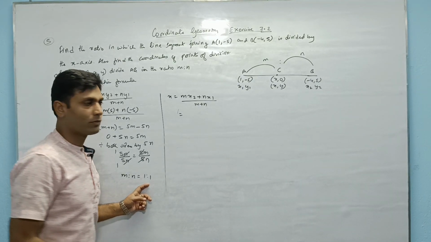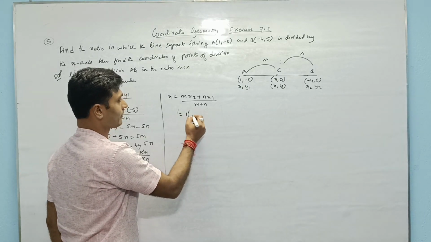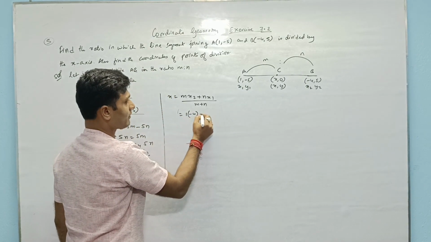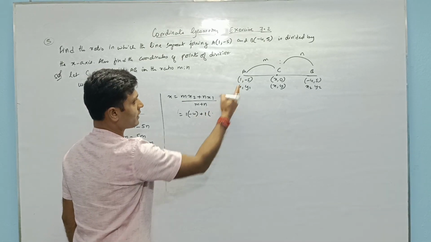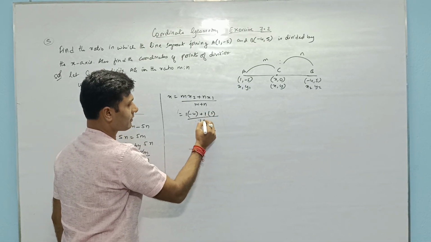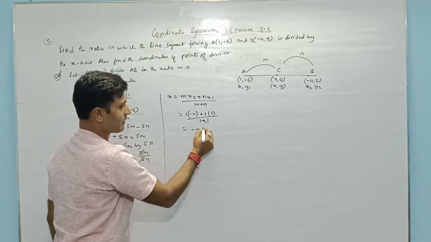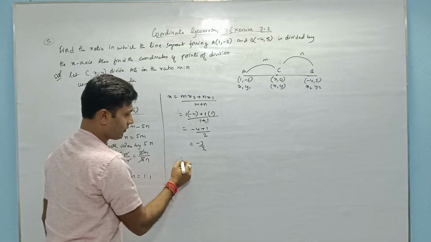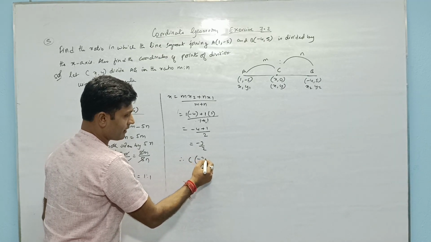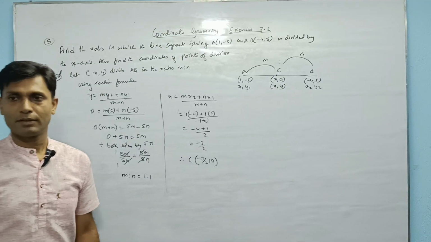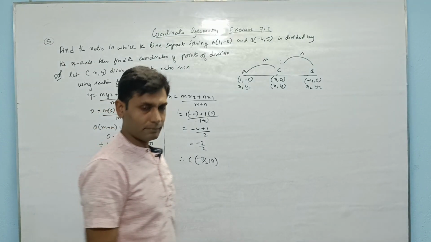We can write it as 1 and 1. 1 into x2 is what? -4. n into x1 is what? 1. Divided by 1 + 1. So -4 + 1 by 2. This is -3 by 2. What is C? (-3/2, 0). Clear? Yes, sir.